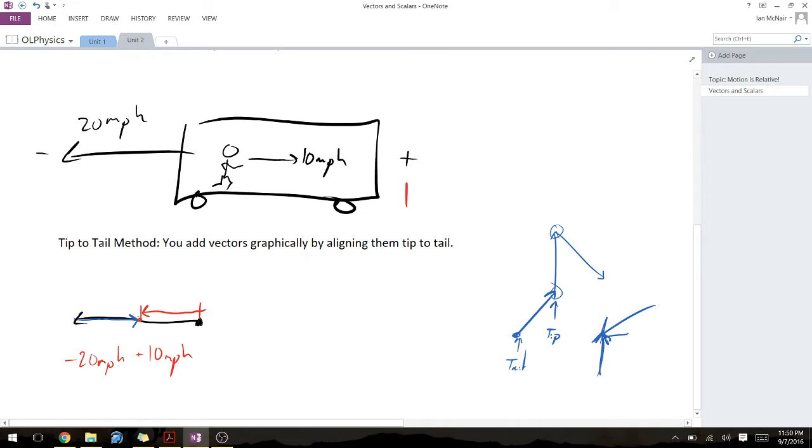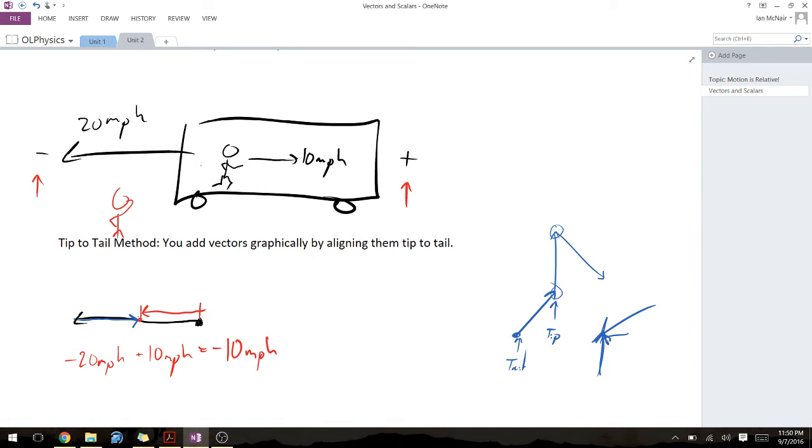Remember, we changed our directions. And that gets us then a net velocity of negative 10 miles per hour. So although this person might be moving backwards, relative to someone outside of the bus looking in, he's going to still appear to be moving in our defined negative direction.